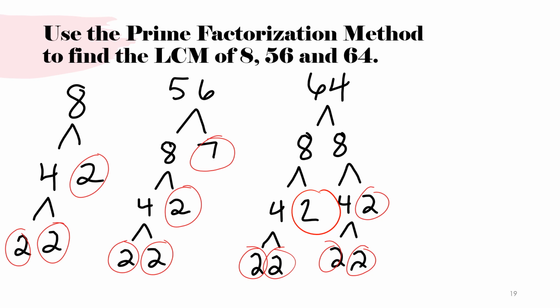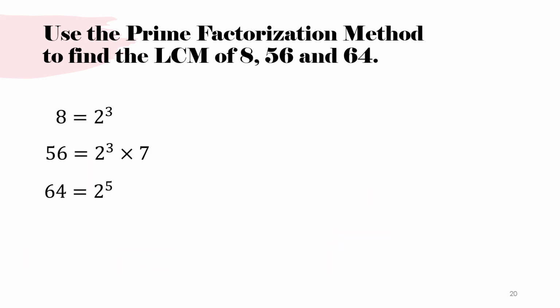Now we know from our definition from the last slide, the least common multiple is going to be the product of all of the primes in either number, raised to the greatest power that shows up in either prime factorization. Let's go ahead and write out our prime factorizations. Now we're going to list out all of the primes that are in either number.